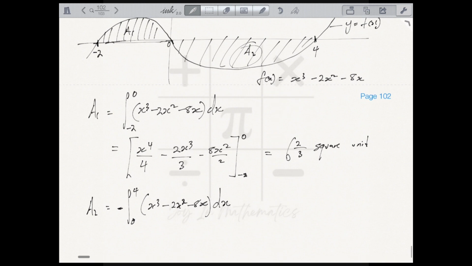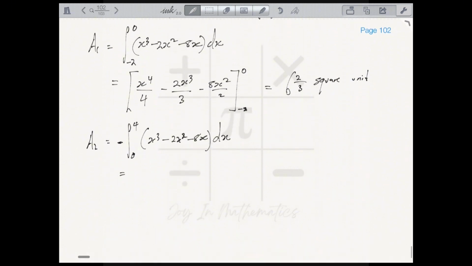So simplifying this, we have to integrate, and this will give us x to the power 4 over 4 minus 2x cubed over 3 minus 8x squared over 2. And we are integrating from 4 to 0, noting that there is a negative sign applied there. So when we simplify this, we will have 42 2 over 3 square units.